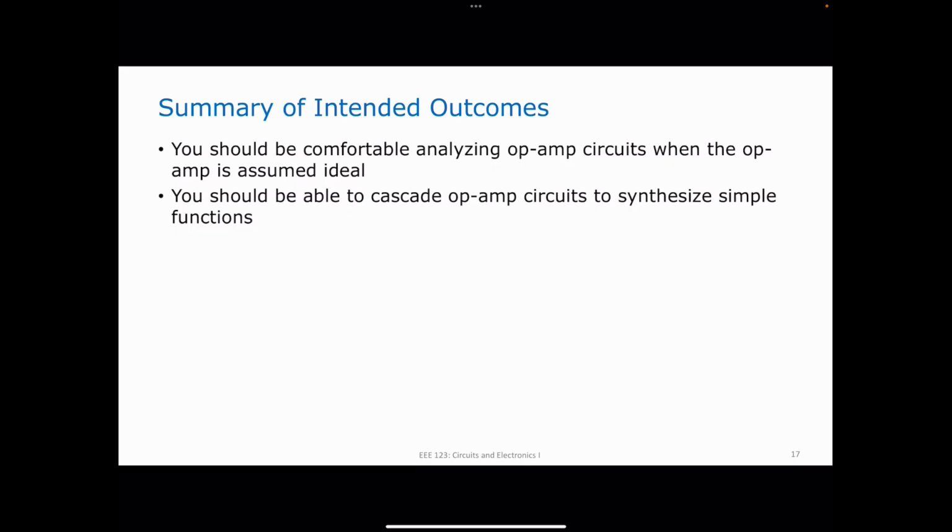And you were given some standard op-amp circuits: your inverting amplifier, non-inverting amplifier, inverting and non-inverting summer, the difference amplifiers. These are very standard building blocks. When you see that particular topology, you don't even have to derive the output in terms of the input anymore. Usually you already know it from familiarity with the topology.